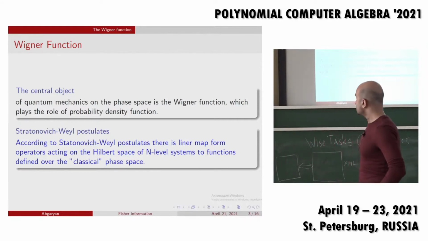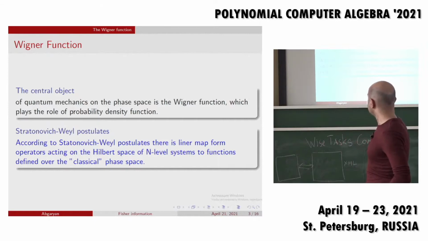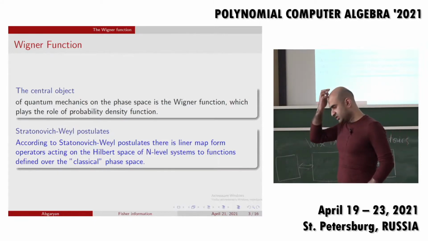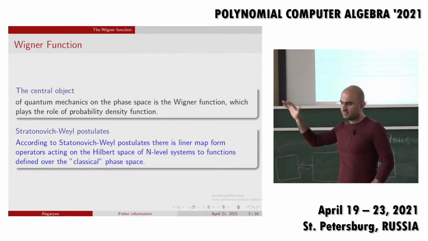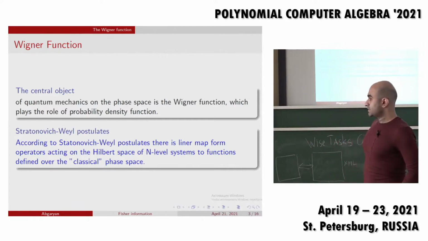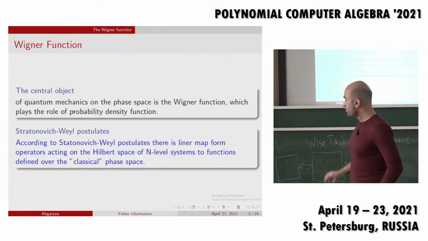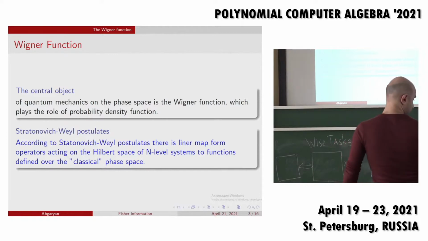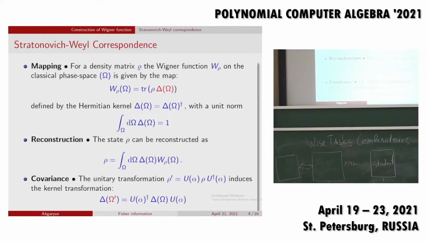The way to construct these functions is by the Stratonovich-Weyl postulates. According to these postulates, to each operator acting on the Hilbert space of n-level quantum systems, there exists a linear mapping to the space of functions which behave like probability density functions. And the set of postulates is the following.